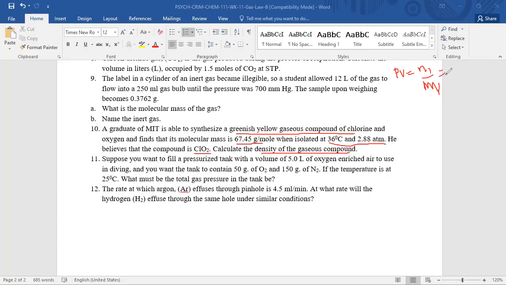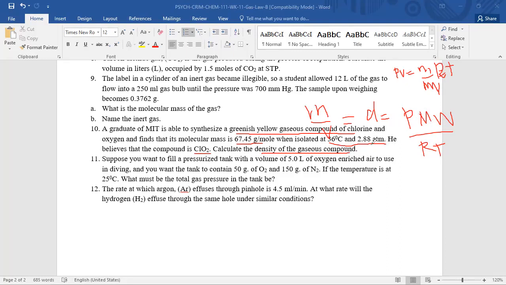Molecular weight equals mass RT over PV. So, density natin is P times molecular weight divided by RT. Ayan. So, ganyan yung ating density. Bakit? Mass over volume equals density equals this. Okay?